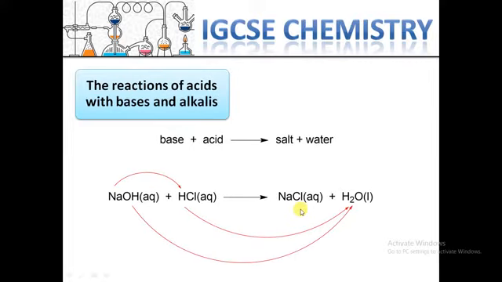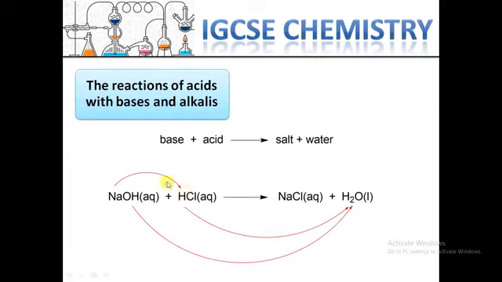The second main reaction is the reaction of the acid with a base or alkali. It also produces salt, but plus water. If the acid reacts with a base, not a metal, we will receive salt and water. Here is an example like before.